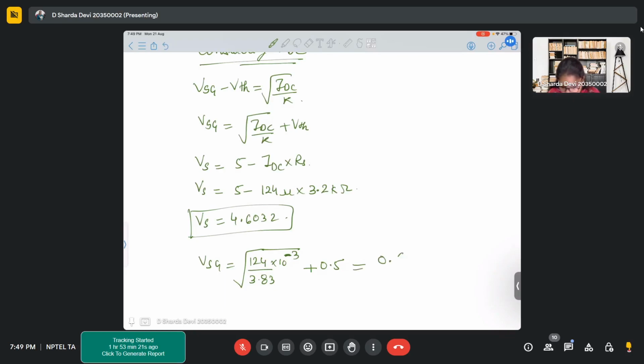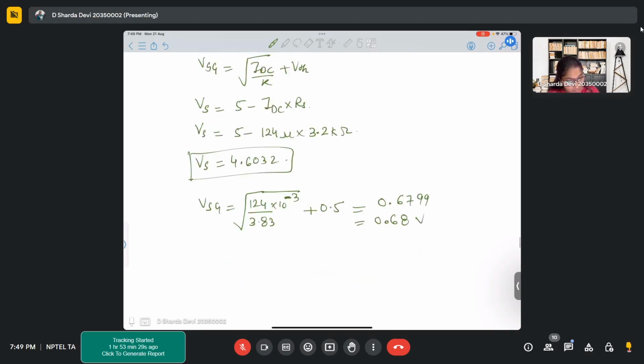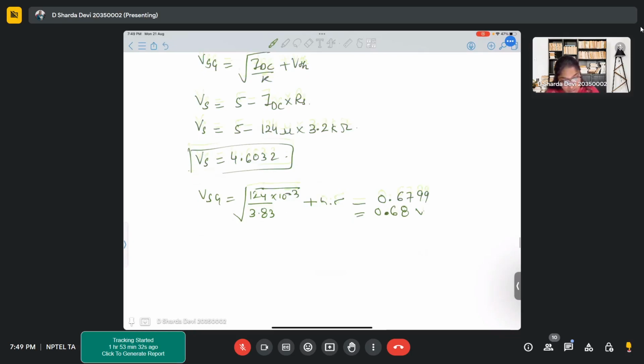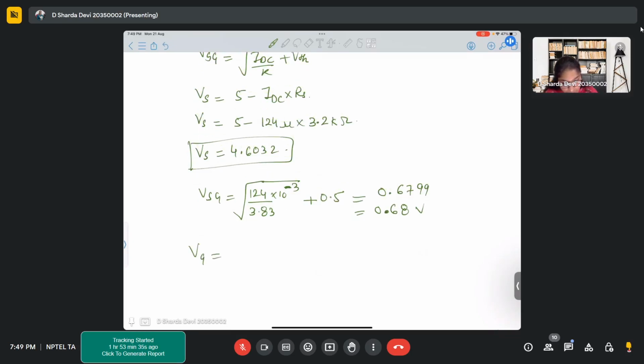This is 0.6799, so let's take 0.68 volts. So VSG is this much. So VG will be VS minus VSG, that is 4.6032 minus 0.68. VG is 3.9232 volts.